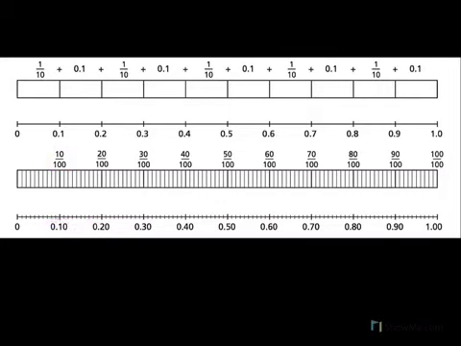Our hundredths are made by taking 1/10 and splitting it into 10 equal parts. If we think about the first bar as $1, then each little bar would be 10 cents or 1 dime.